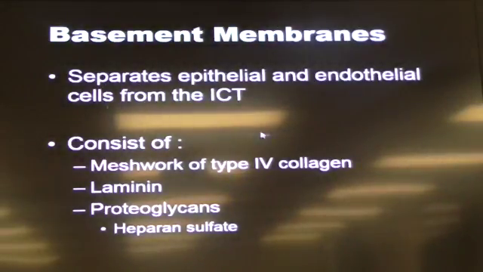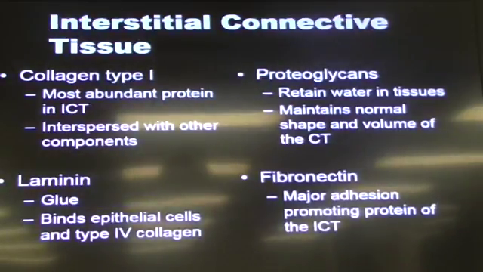Basement membranes consist of type 4 collagen, laminin, and proteoglycans. A common one is heparan sulfate. Interstitial connective tissue consists of type 1 collagen, which is the most abundant thing in the interstitial connective tissue. It also has laminin.